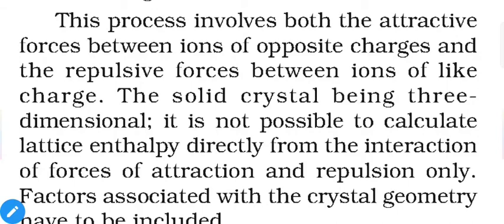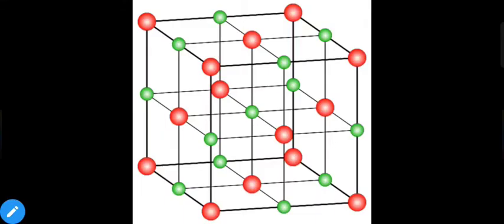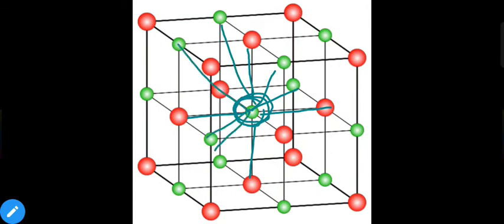In the lattice, if we observe this image, let us concentrate on the particle present in the middle. This particle is surrounded by other particles from all directions because this is a three-dimensional arrangement. As you can see, it has multiple particles of the same or different type around it.